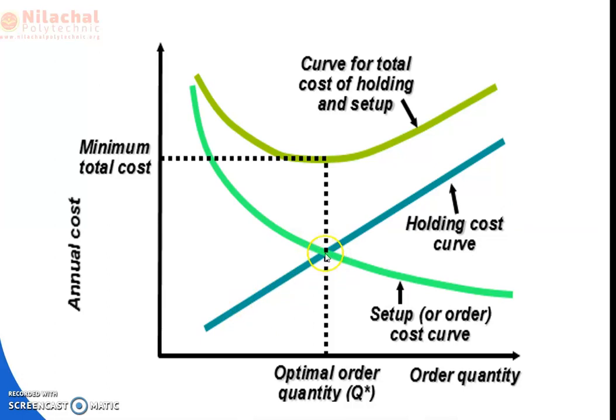If you extend a perpendicular from that point to the total cost curve, it will meet the total cost curve at a point, and the quantity at that point is known as the optimal order quantity, or EOQ.